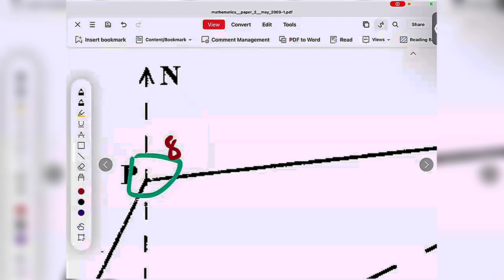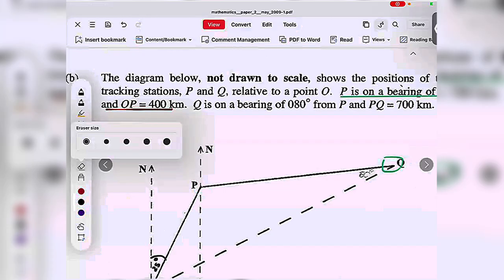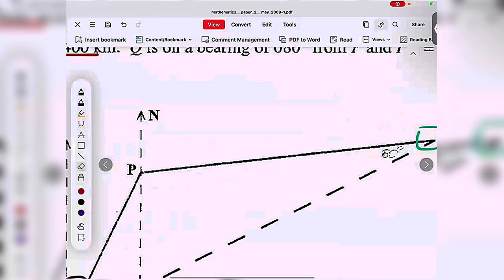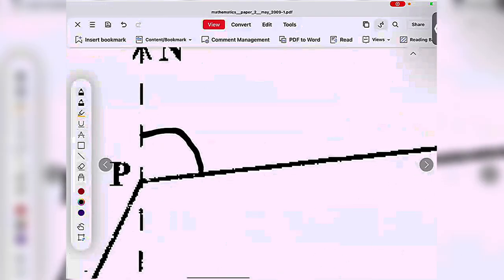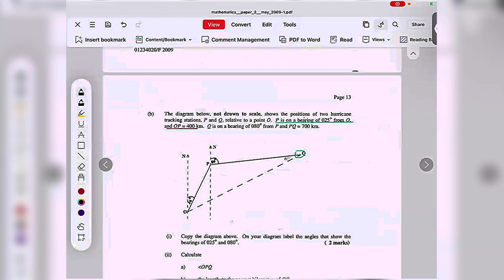I don't know why this doesn't seem to want to erase. Okay, gone now. So this right here is 80 degrees. All right, lovely.